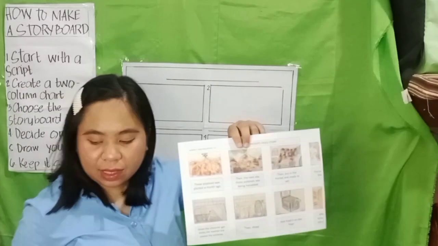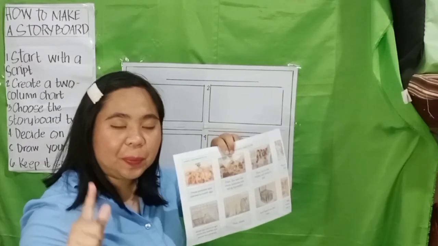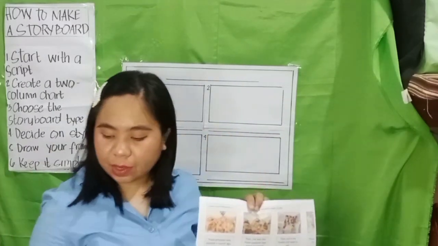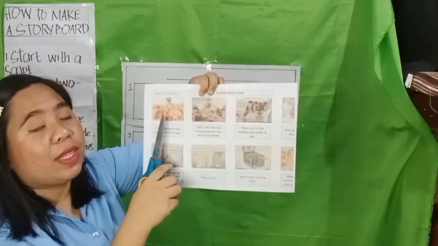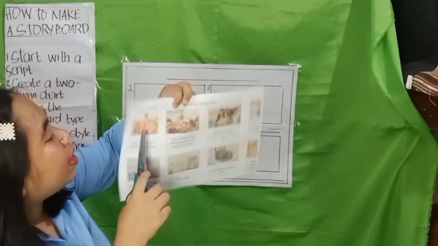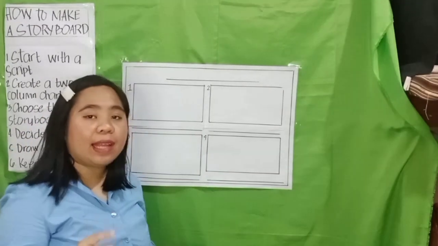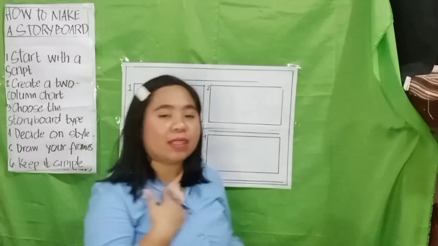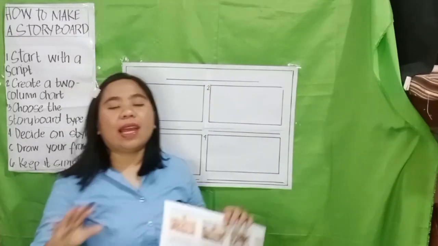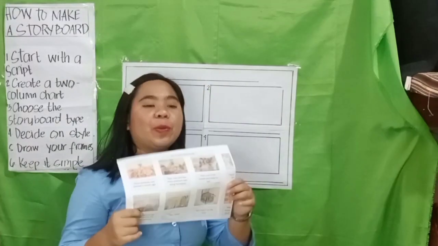So I just created this using bond paper and pencil. I drew this using bond paper and pencil. Then I took a shot of it using a phone, adjusted it with my desired filter, and edited it using a PowerPoint presentation.